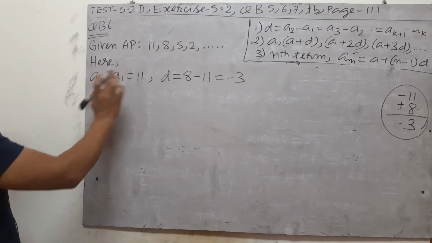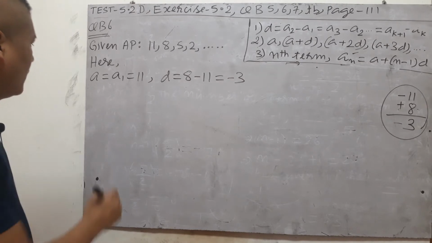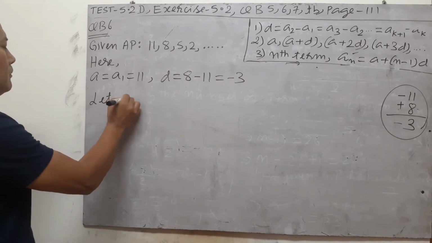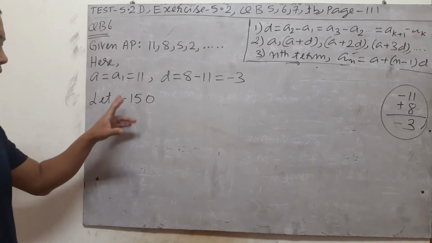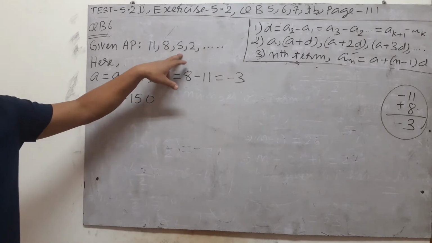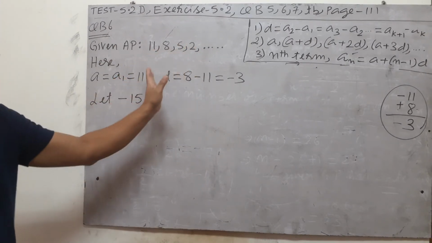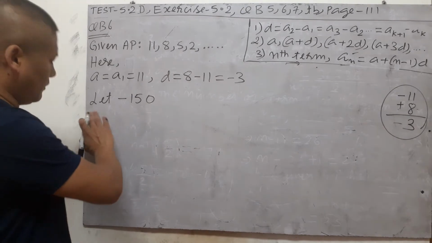We know a and d. So, is minus 150 also an item inside this AP? Does it fit inside this AP? We're going to check. So let us assume it fits.